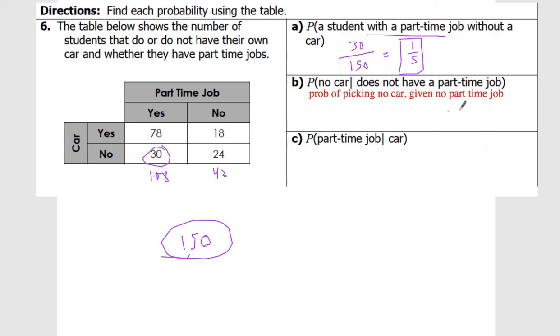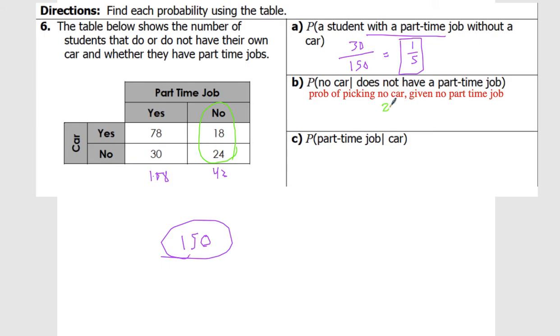So given that they have no part-time job, all we care about is just the students that have no part-time job, because we already know it's only those. So out of those, what's the chances of picking a no car? Well, we've got 24 no cars and 18 yes cars.